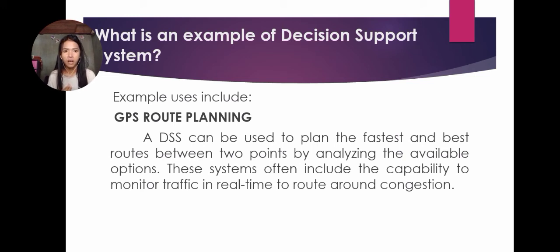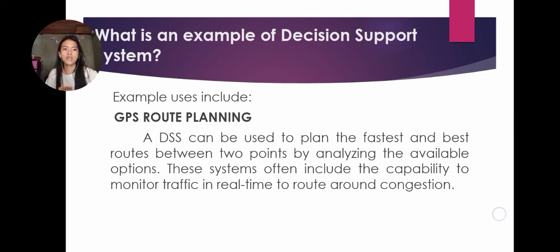So that is an example of a decision support system: planning the GPS route, the fastest or best way, by analyzing the options.